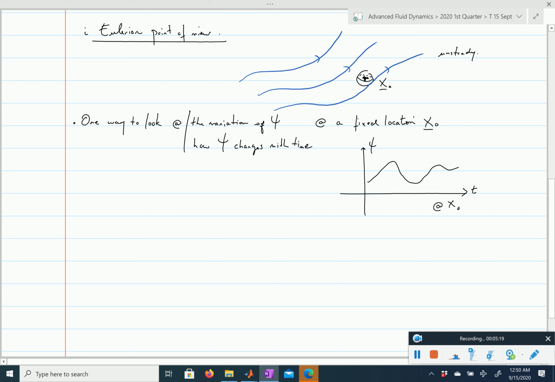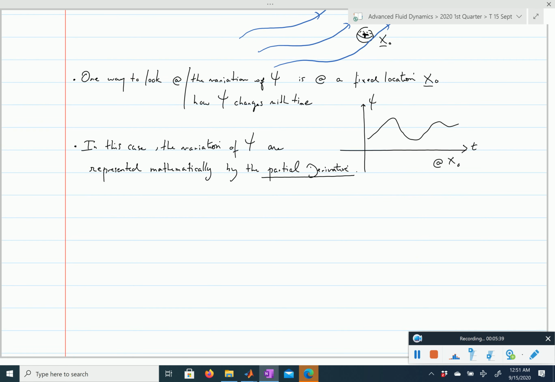So how mathematically can we describe the variation of this function at a given x0? Well, this is exactly the definition of a derivative which you already know about, and that is the partial derivative with respect to t. So in this case, the variation of psi is represented by the partial derivative, partial psi over partial t at x equal x0.